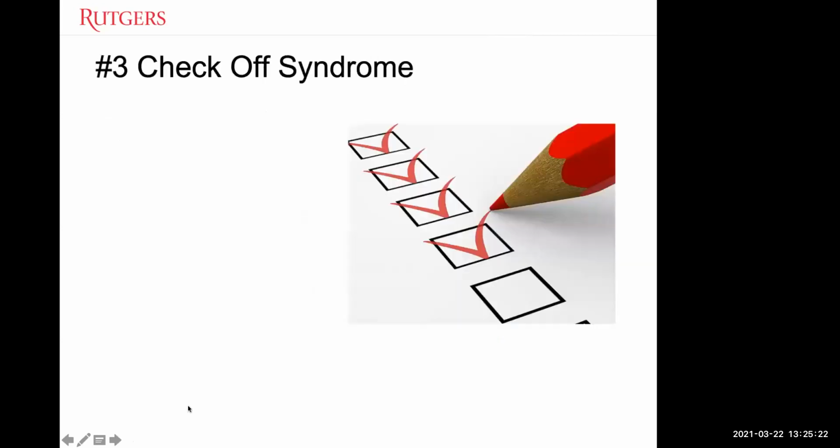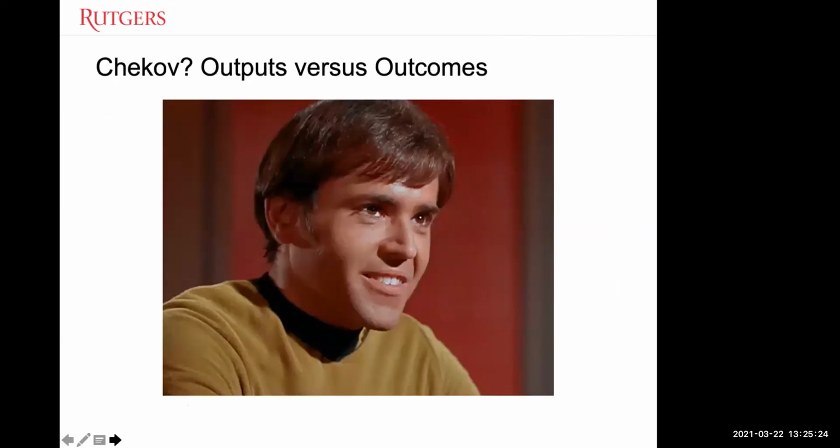One of my favorites, Chekov syndrome. We think of the Chekov syndrome as a focus on outputs versus outcomes. It's pretty common for community programs to count the number of groups that a person does or how many groups happen without really looking at the outcomes or the fidelity to the intervention.